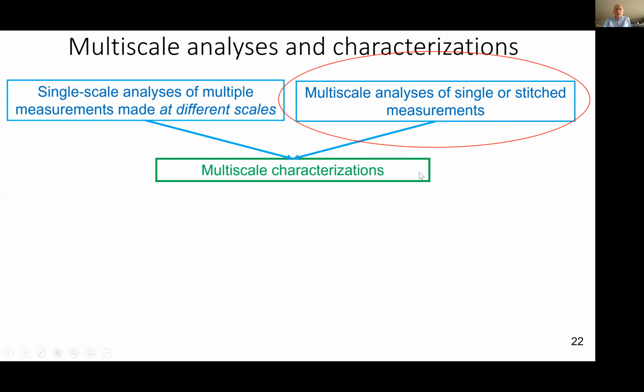And then we can use the multi-scale characterization and multi-scale analysis of discrimination and correlation. Then we can see where we get the strongest correlations, the most confident discriminations, at what scale. And I'll show you some examples of this.